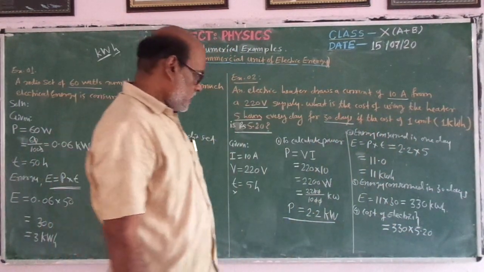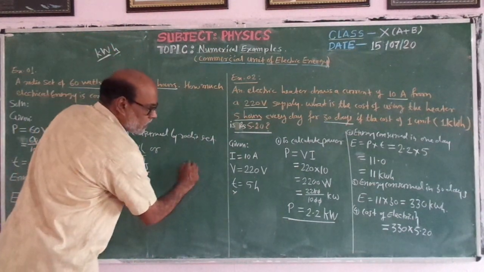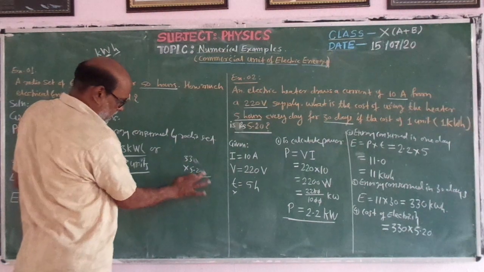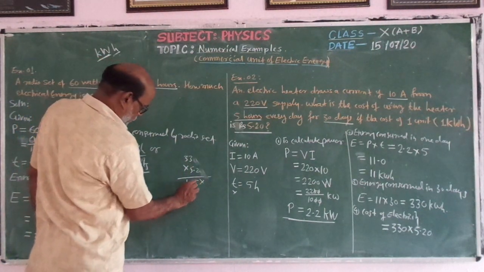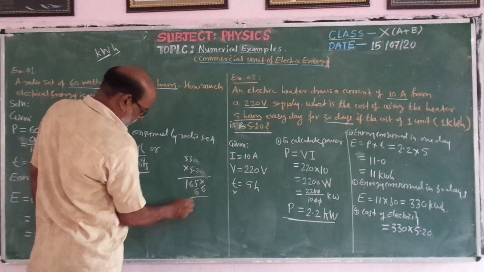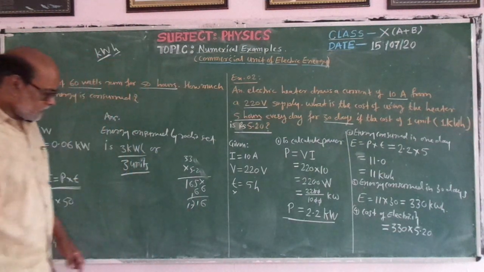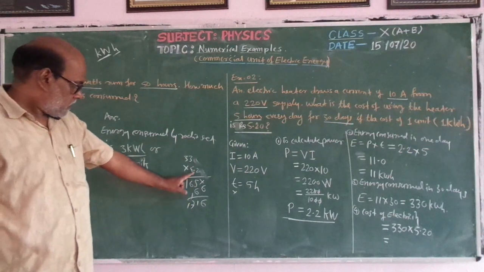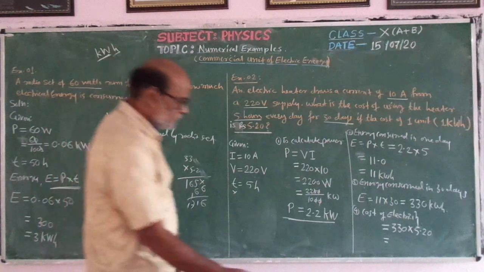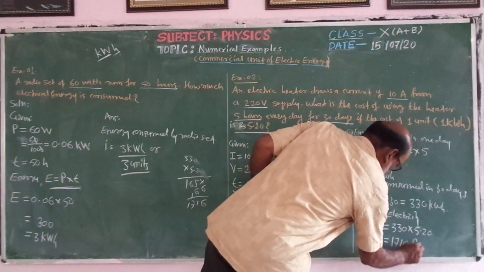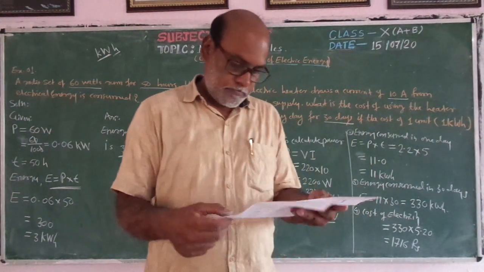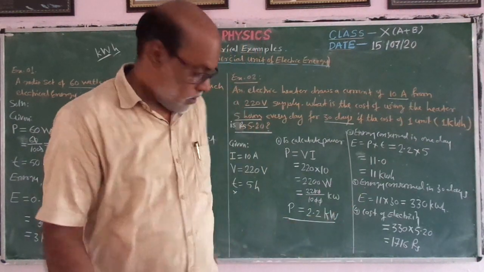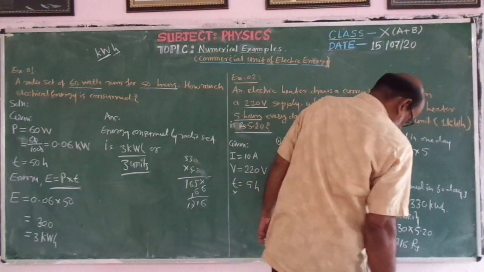We will do the multiplication here. What is that? 330 into 5.20. Okay, we will calculate this. 1716, and finally now it becomes 1716 rupees. Yes. And therefore now the answer is 1716 rupees.